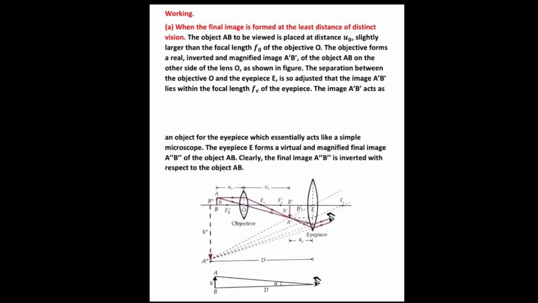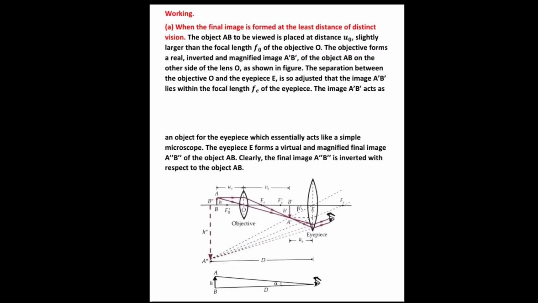This object is to be placed at a distance u0, slightly larger than the focal length f0 of the objective. The objective forms a real, inverted and magnified image A'B' of the object AB on the other side of the objective lens, and this is also shown in the diagram.